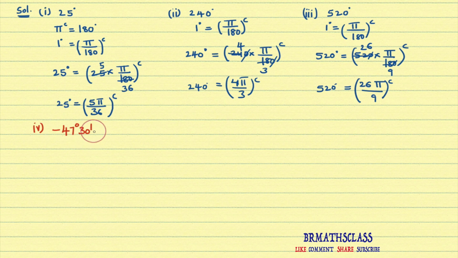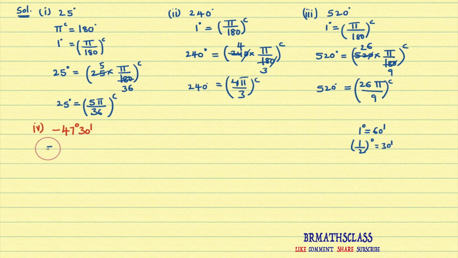If you observe my previous class related to degree measure, you can understand these things very clearly. We know that 1 degree equals 60 minutes. So what about 30 minutes? You divide both sides by 2. What you will get? Half a degree equals 30 minutes.